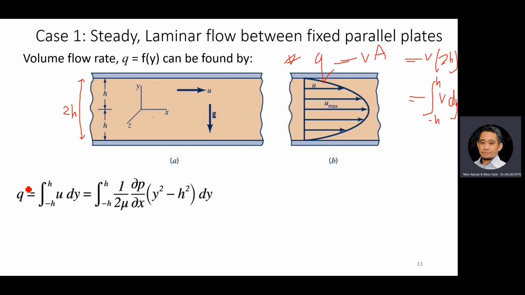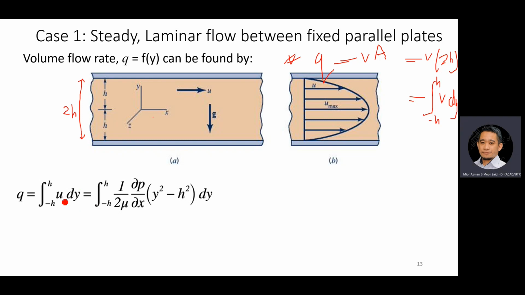Okay, so this is the general form of the volume flow rate: the integration from the lower limit to the upper limit of the expression of velocity with respect to y, or the direction of the height here, right? So it's the general form of the volume flow rate.